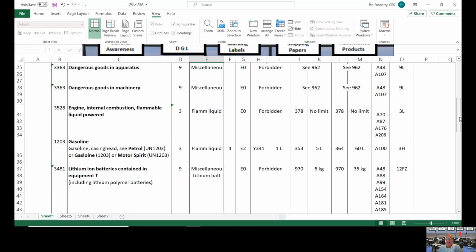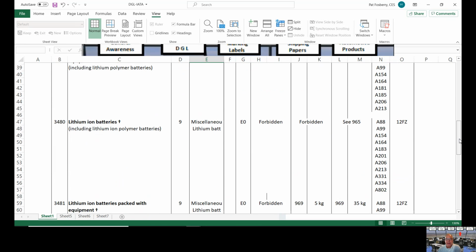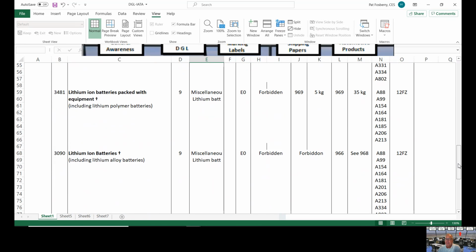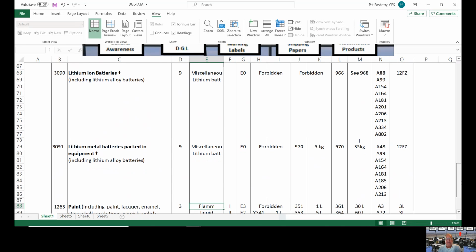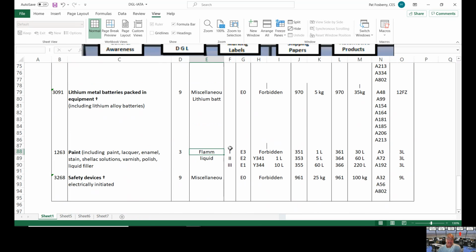So I start scrolling through some others. E0, of course, the lithium ion batteries are not going to be exempt at any time. Then you get down to paint. And again, this is a category where I don't know a lot of what you're doing with the paint. I don't think you're really shipping it out. You probably are more bringing it in.